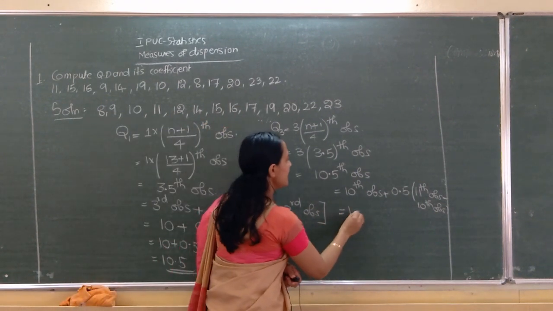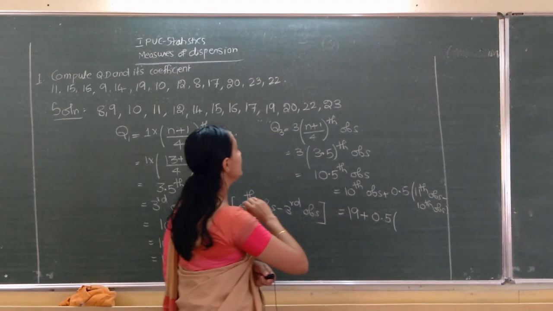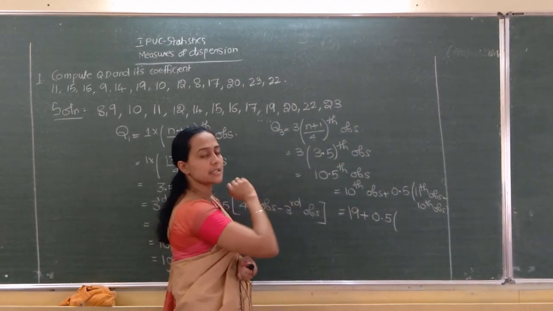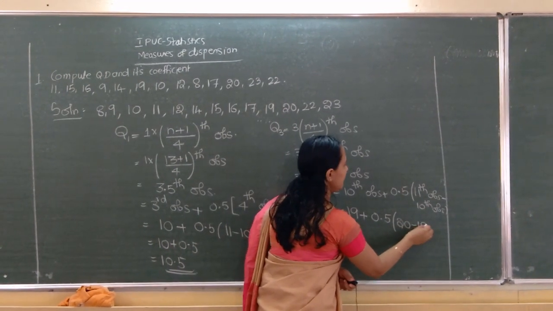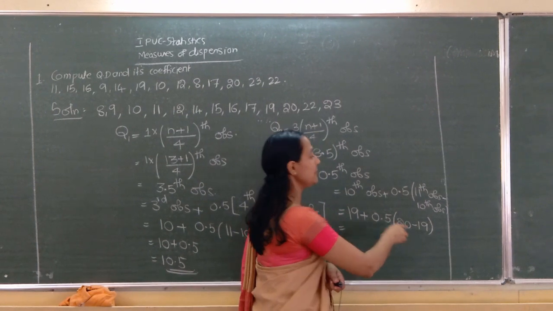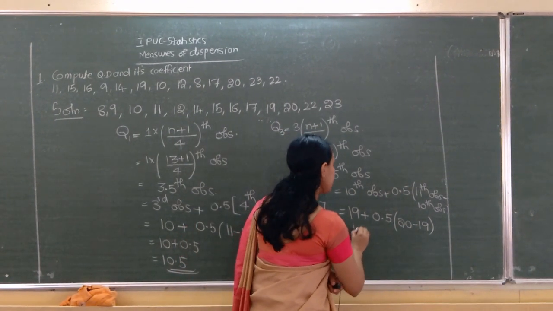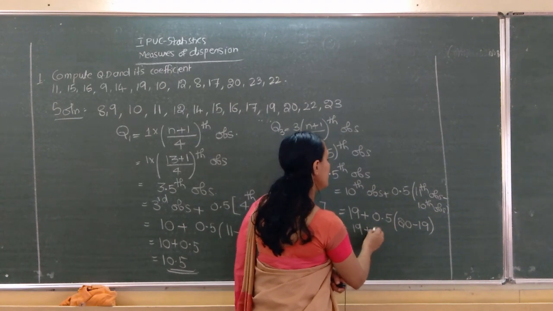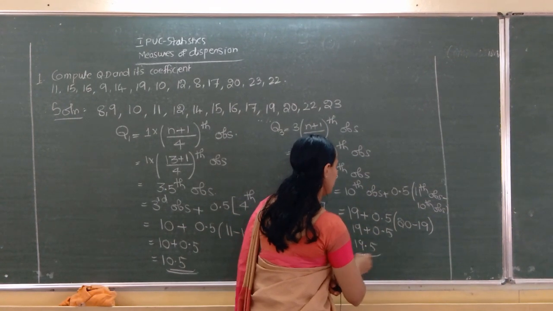10th observation is 19 plus 0.5 into (11th observation minus 10th observation). 11th observation is 20. 20 minus 19 is 1. So, 19 plus 0.5 into 1, that is 19.5.